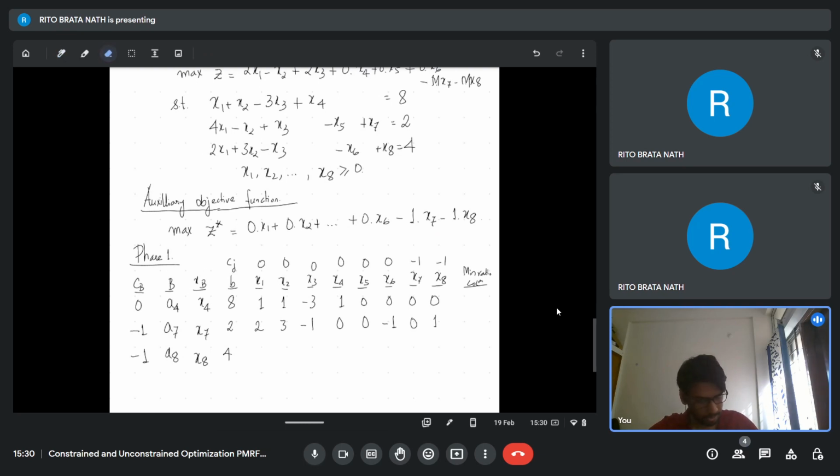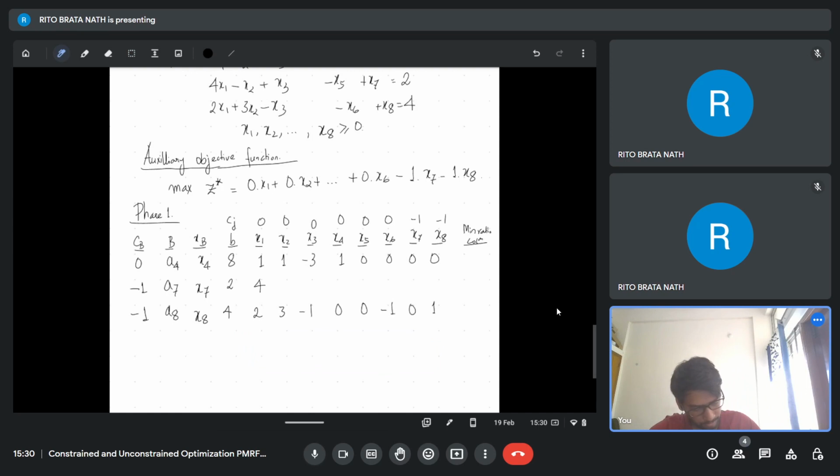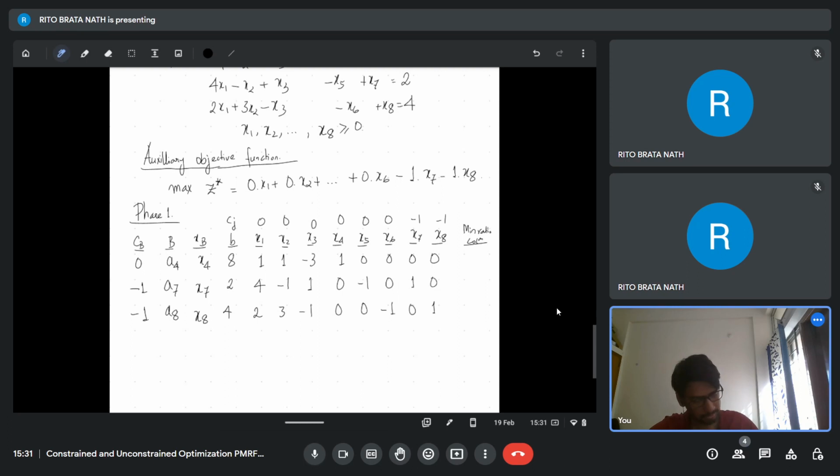So this should be in the next one, right? Okay. And for the middle one, it will be 4 minus 1 plus 1. This will be 0. X5 will be minus 1. This will be 0. This will be plus 1. This will be 0. Okay, so let's solve this.